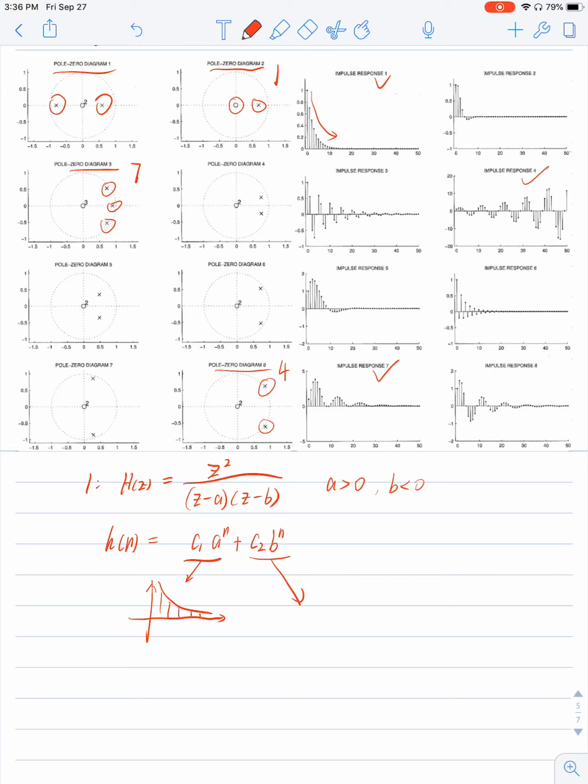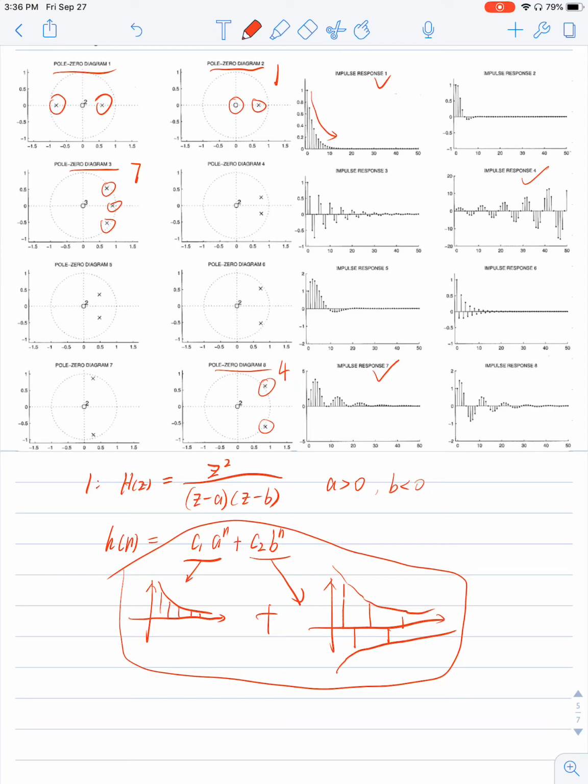For the second part, when n is an even number, it is positive, but when n is an odd number, it's negative. So when we combine these two responses, only impulse response 6 is possible.